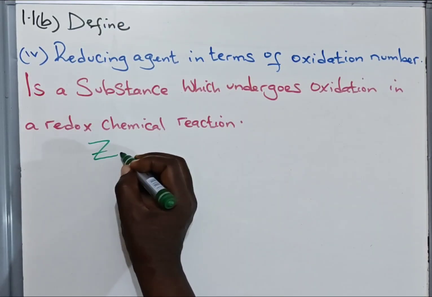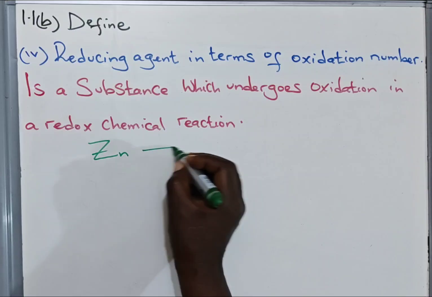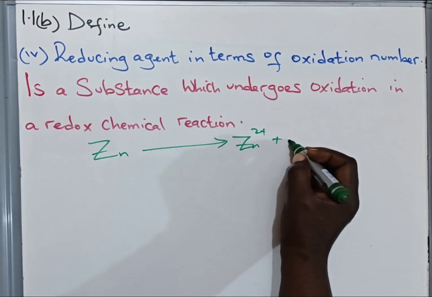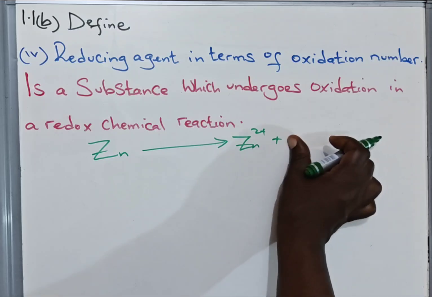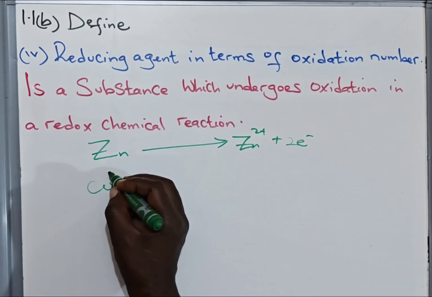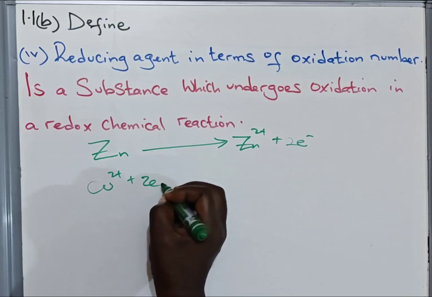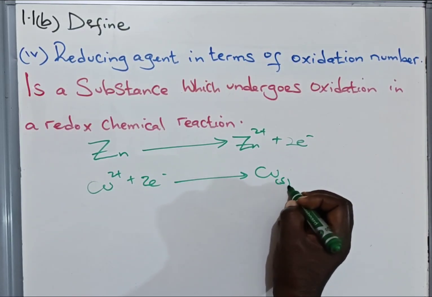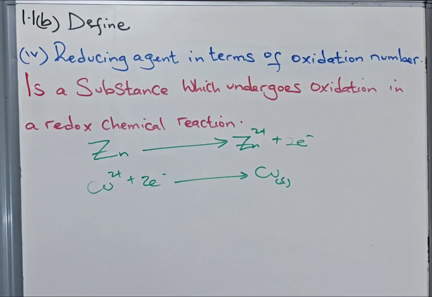We said zinc undergoes oxidation, losing 2 electrons, and the copper 2 ions take up the 2 electrons to become reduced.